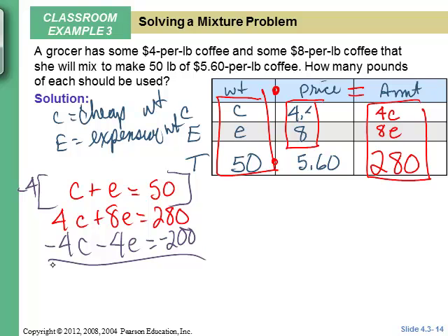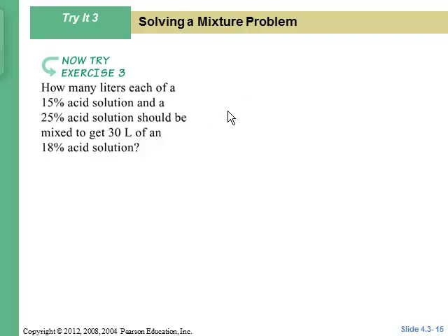Add it to the second equation. These cancel. 4E is 80, so E is 20. This is 20 pounds, so this must be 30 pounds. 30 pounds of cheap and 20 pounds of expensive coffee. You do this one.